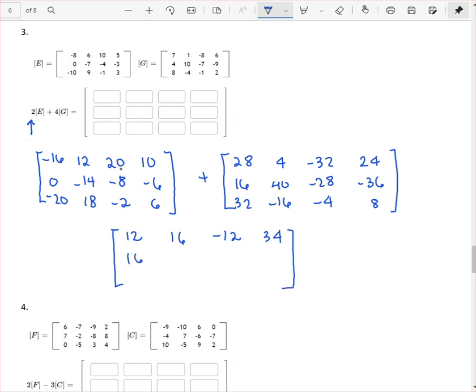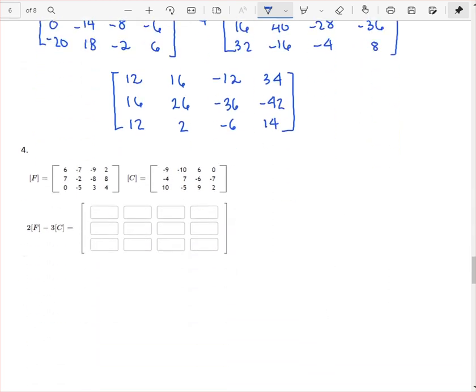The 0 with the 16. So you're matching the corresponding terms and adding them up. So that's how that works. And then on this one, you would do the same idea, except you would be subtracting.